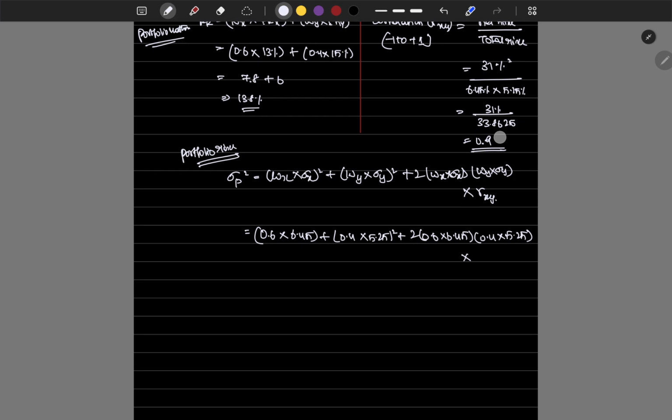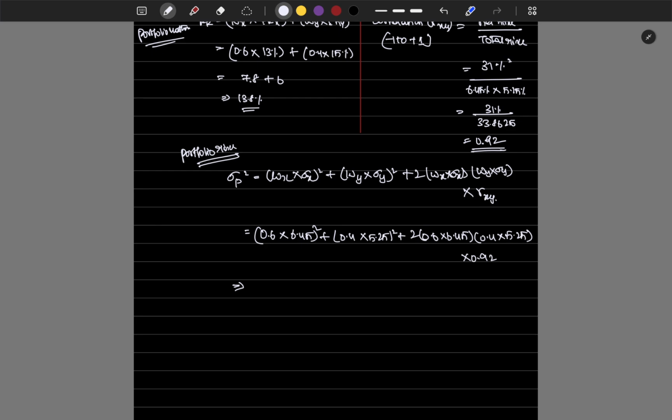Okay, 0.915, let's take 0.92 as the correlation. Let's multiply this up. 0.6 into 6.45, 0.4 into 5.25, 2 into 0.6 into 6.45 into 0.4 into 5.25 into 0.92.